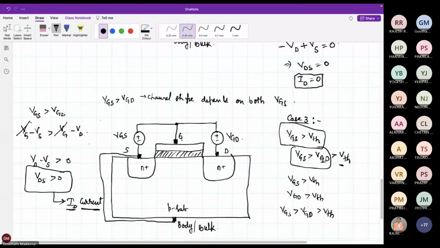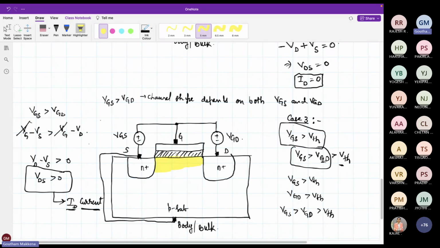Because VGS is greater than VGD, the channel towards the source side is more pronounced compared to the channel on the drain side. So the channel would look something like this: more pronounced here, but as it goes, it becomes a bit thinner.